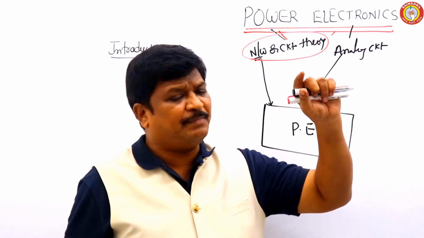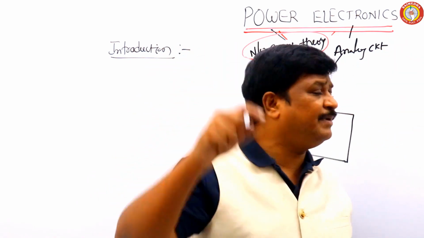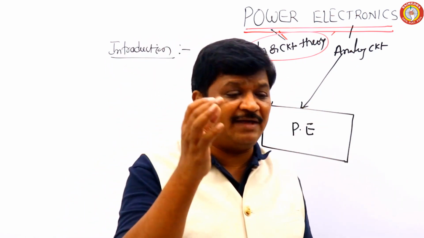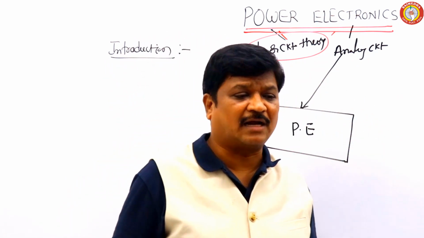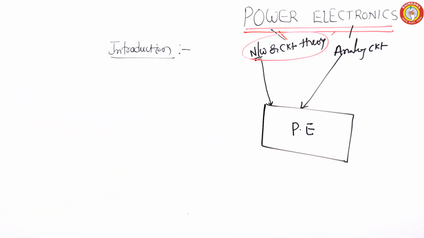You studied the BJT in the EDC electronic subject, and you are studying the BJT in power electronics, but there it is a normal device and here it is a power electronic device. Like that, we have to go on to the other ones. What is the other subject you need?